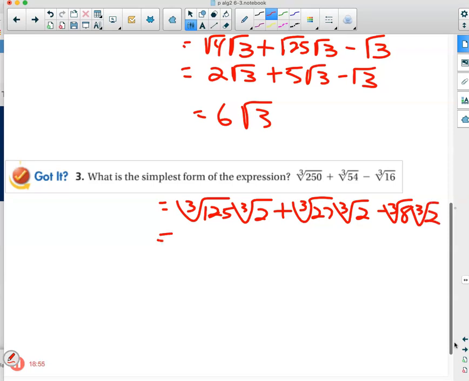So what's the cubed root of 125? 5. Cubed root of 27? 3. Oops, I gotta remember to write cubed root. Cubed root of 8? 2.